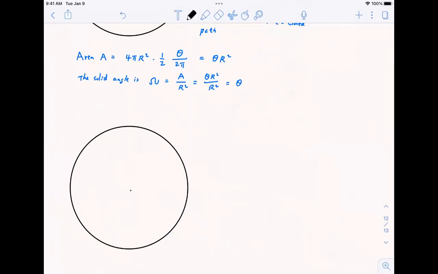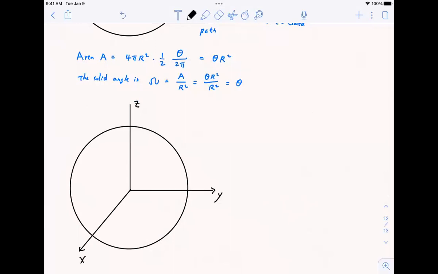Let's define the center here. Let's say this is the z-axis, and then this is the x, the y.